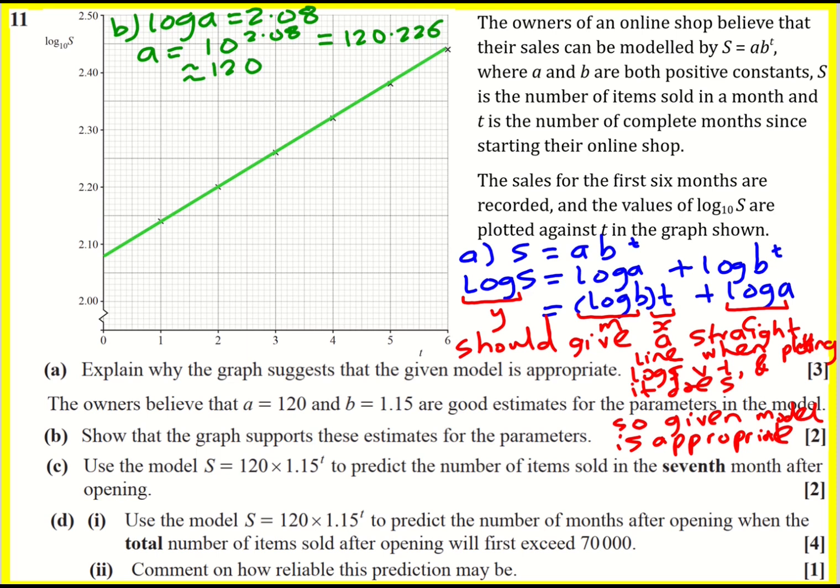If you end up getting a slightly different line of best fit, maybe getting 2.09, it's still okay. Don't worry about that. And now I need the gradient.